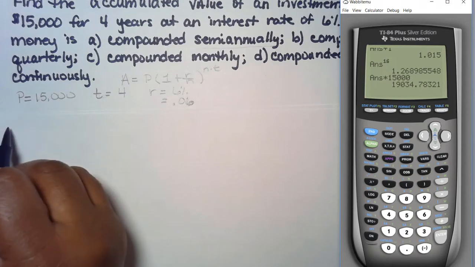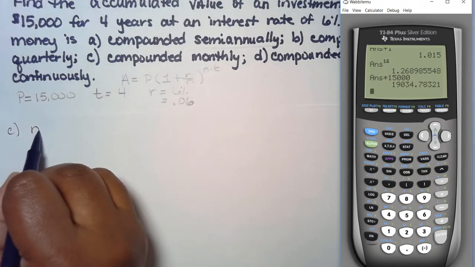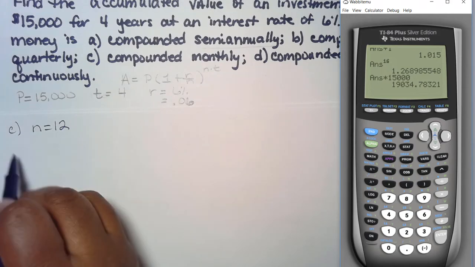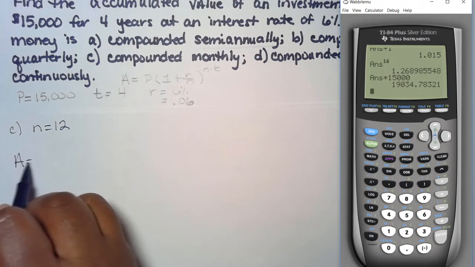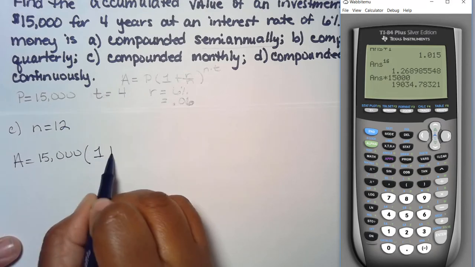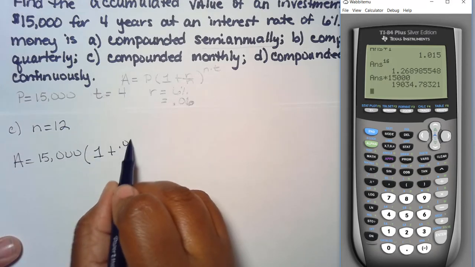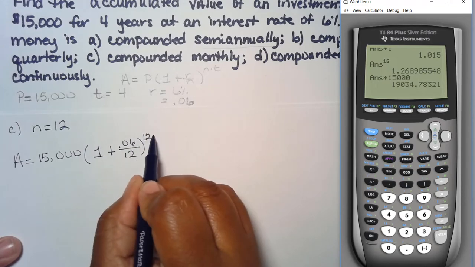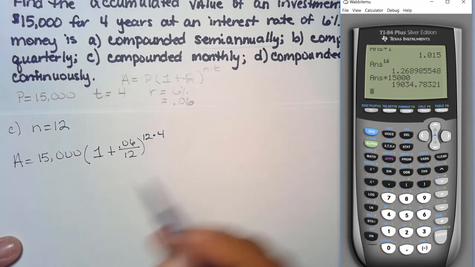So we have here, this is part C, N when N is 12. So A is equal to 15,000 times 1 plus 0.06 divided by 12, all raised to the 12 times 4.